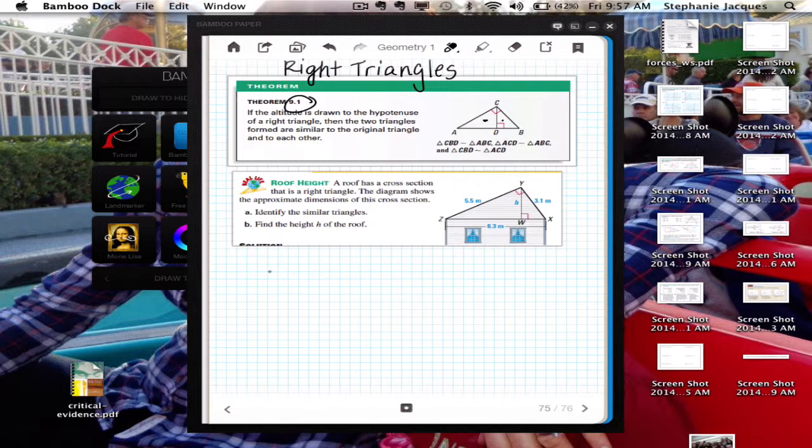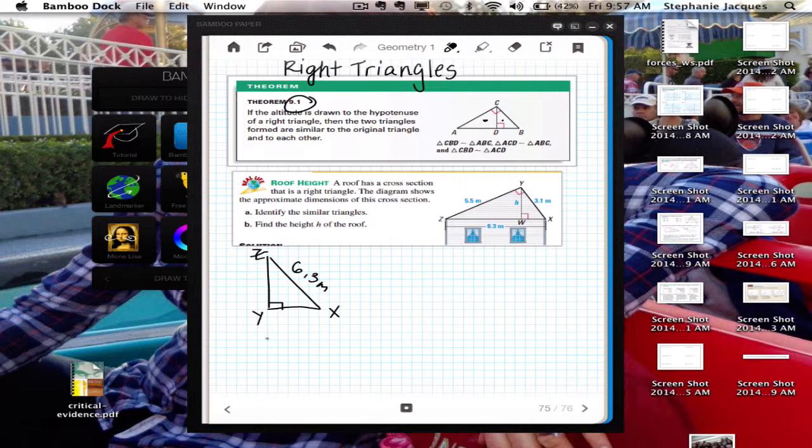So the first one I will draw, I'm going to go like this. I want them all in the same direction because it's easier to see. So I have my right triangle here, which is Y, and then I'm going to have my X and my Z. For that one, your hypotenuse is 6.3 meters.